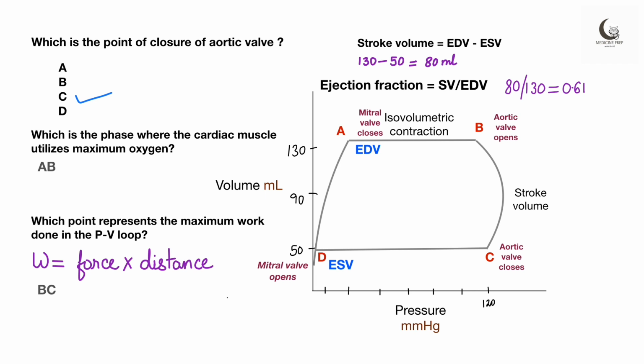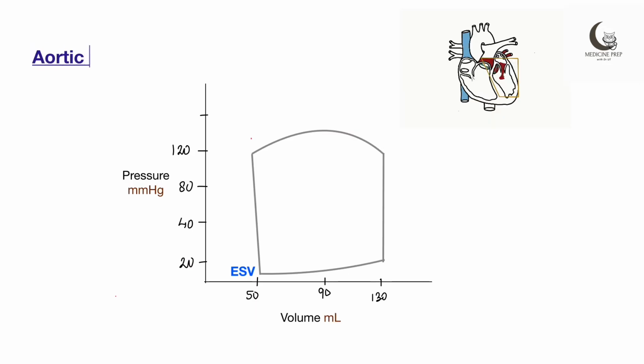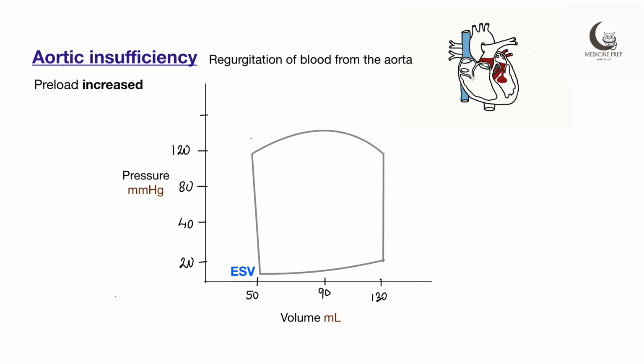Let's start with aortic insufficiency. We'll always start, when we are doing these graphs, with your basics. So in aortic insufficiency, the preload increases because your ventricles are receiving blood from the atria and some amount of blood from the aorta.